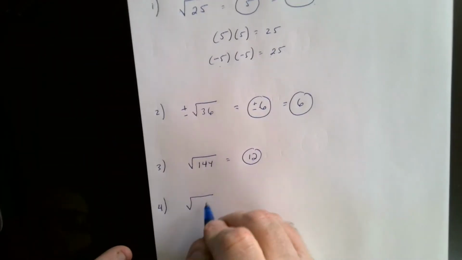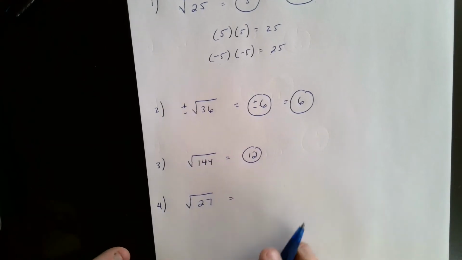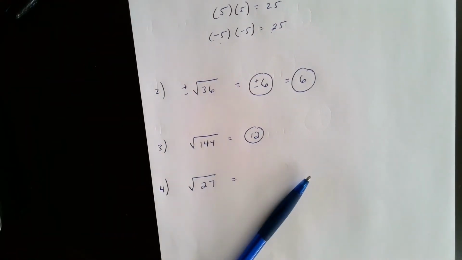Let's say you're looking for a situation like this. We want to find the square root of 27. Now, 27 does break down to be 3 times 9. But that is not what we're looking for. We're looking for what number times itself gives you that. So there's not a perfect whole number that gives you the square root of 27.